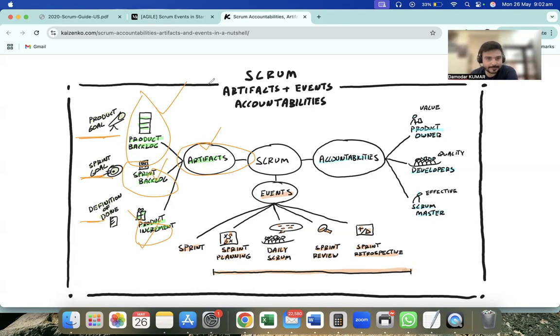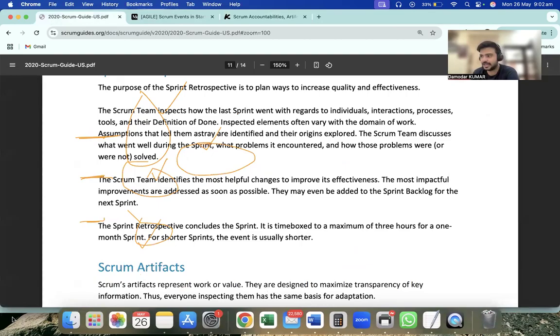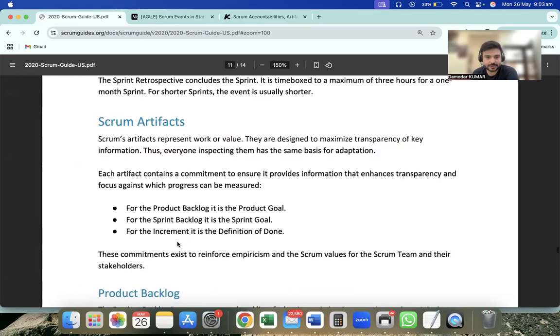So in Scrum, the artifacts represent work or value, and they are designed to maximize transparency. There are three primary artifacts, which I showed you before. Let's read them quickly and try to understand how it goes.